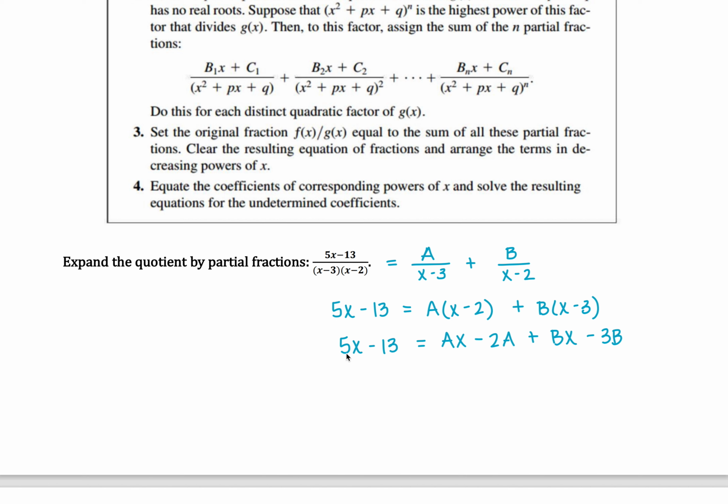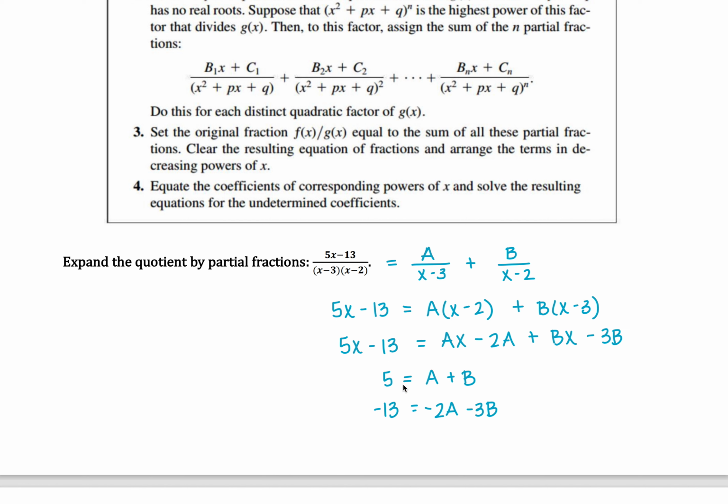So I could say 5 equals A plus B. Those are my terms with x's. And then negative 13 is going to equal negative 2A minus 3B. At this point, we have two equations and two unknowns, so we can go ahead and solve.